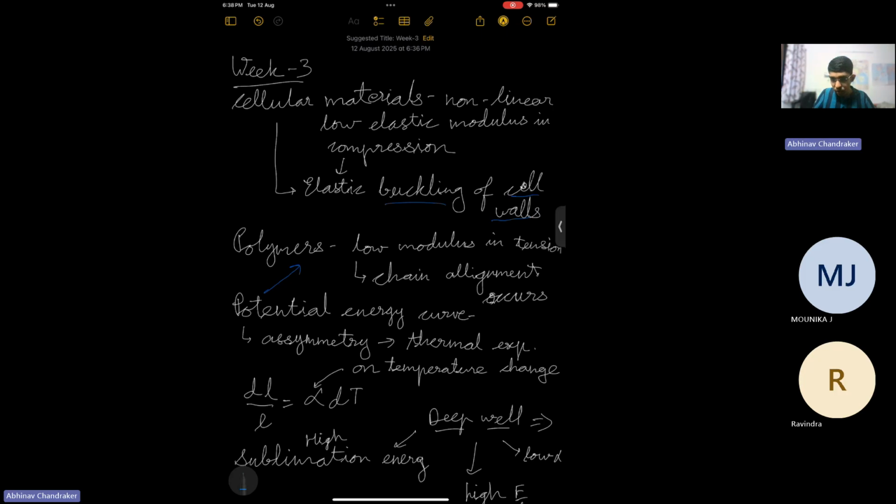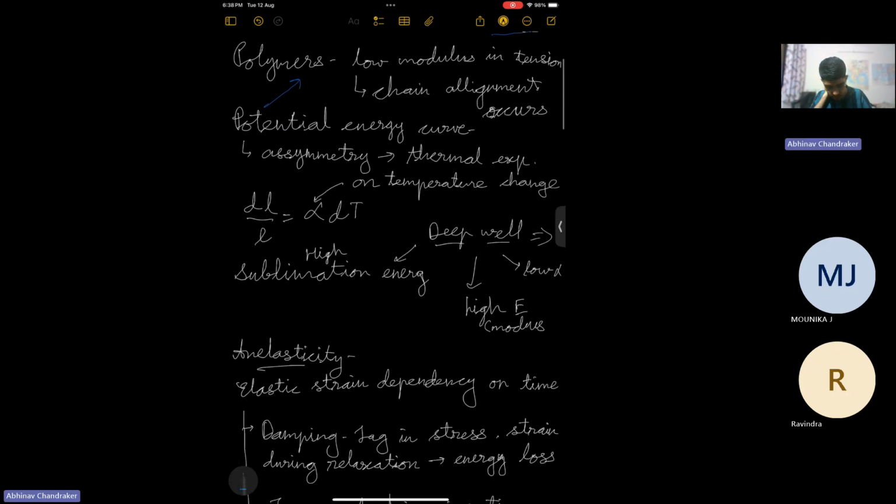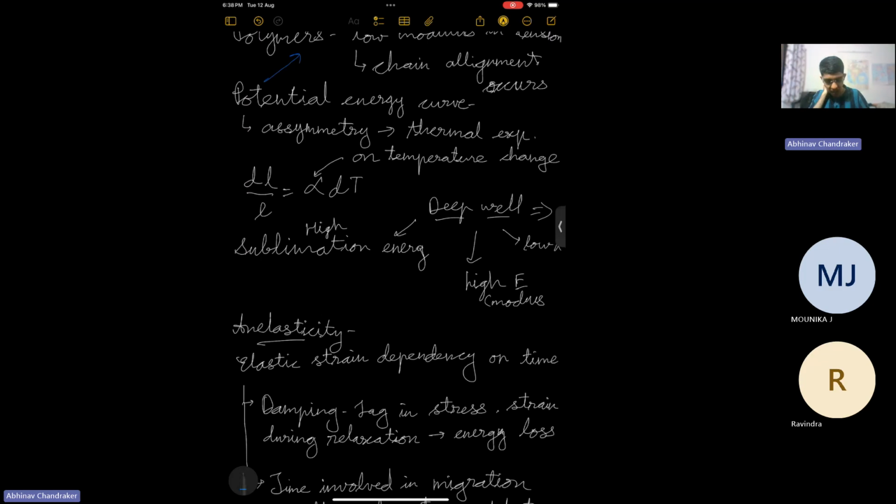So the shape of the cell walls will change initially when you are compressing, which is called buckling, and that will be easy to do. Once it has buckled to a certain extent, then further compression will lead to compression of the bonds, and the atoms will try to repel that, and due to that you will get a high compressive elastic modulus. But initially it's just the change in the structure, just buckling of the cell wall, and due to that the modulus is low. So I'll try to be quicker. I won't explain all these reasons which sir has already explained.